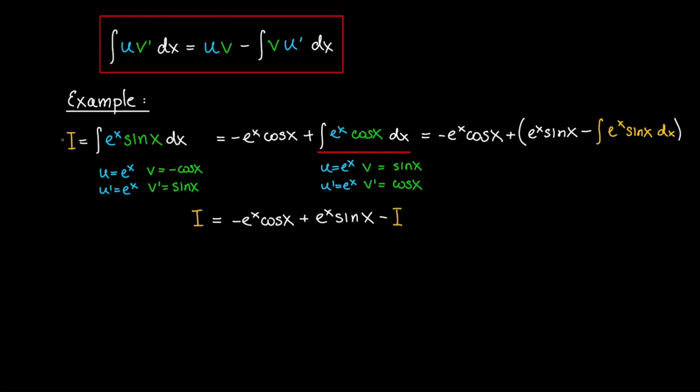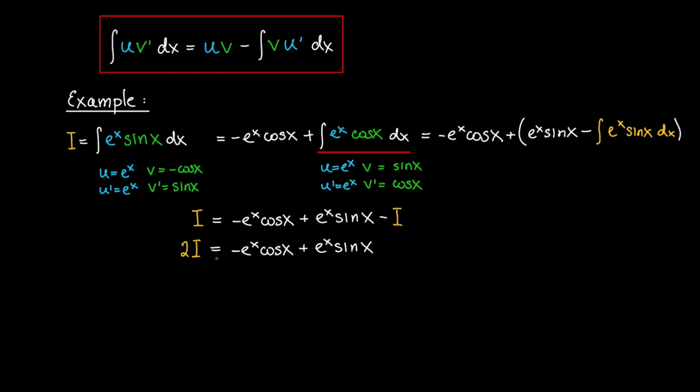Here I can simply write I is equal to negative cosine of x plus e^x sine of x and minus I. This means I is the variable that I'm solving for right now, and I can move it from the right-hand side to the left-hand side.